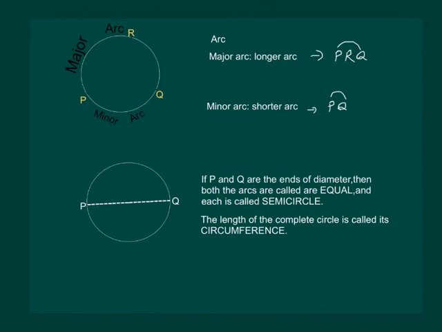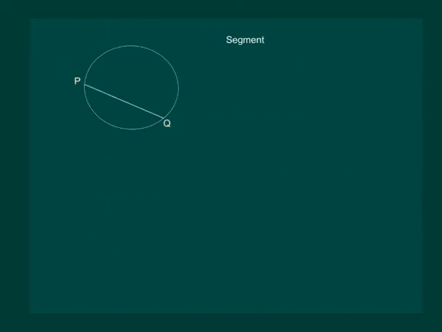The length of the complete circle is called its circumference. The region between the chord and either of its arc is called the segment of the circular region, or simply segment of the circle.